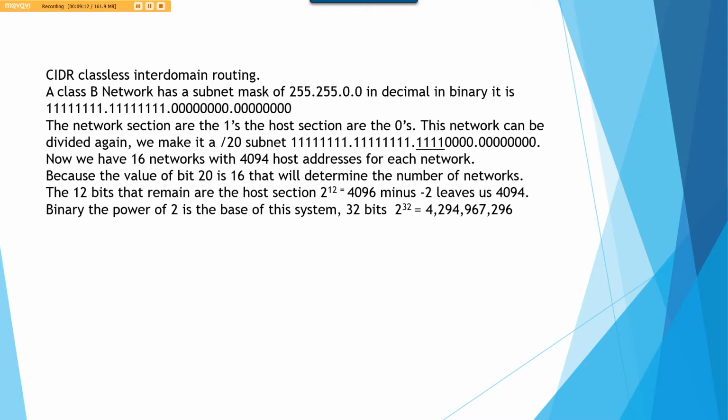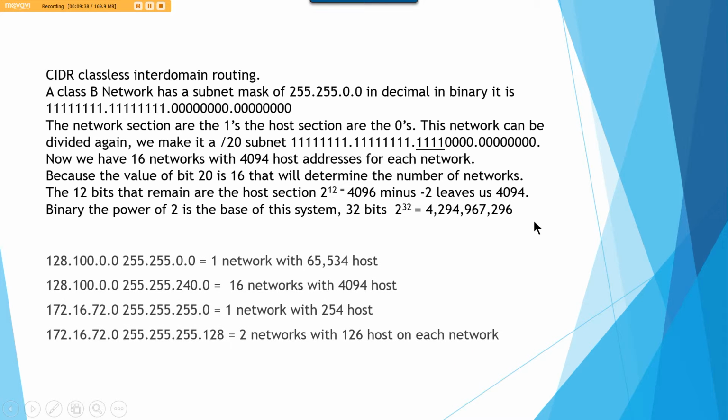That's just based on the power of 2, how many IP addresses we have available in IP version 4. Now those addresses have been running out, so that's why they developed classless interdomain routing to extend the life of IP version 4.